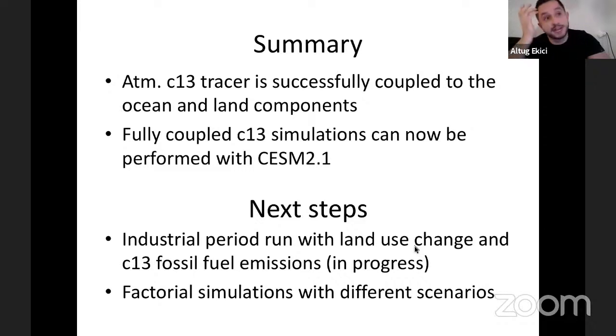What I have as throughput, for the fully coupled run with C14 on, is 13 more simulation years per day, in my ideal setting. And what resolution are you running? One degree. One degree, that's awesome. Yeah, that's pretty good.